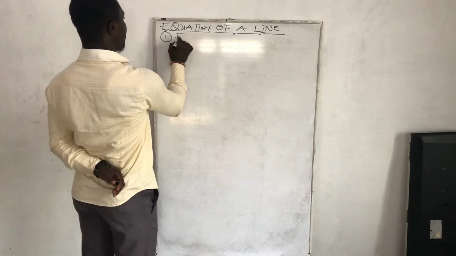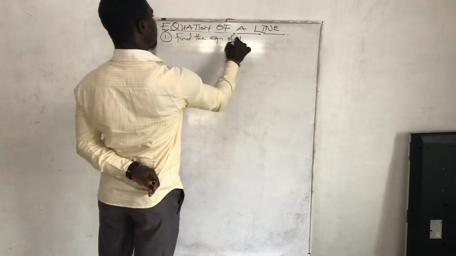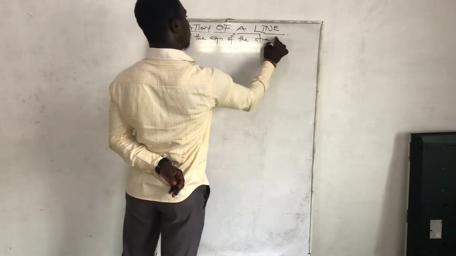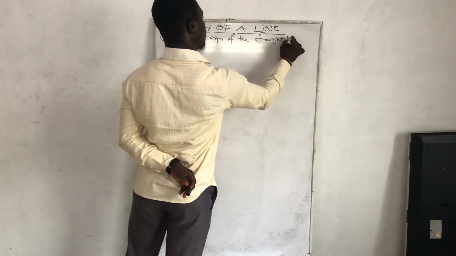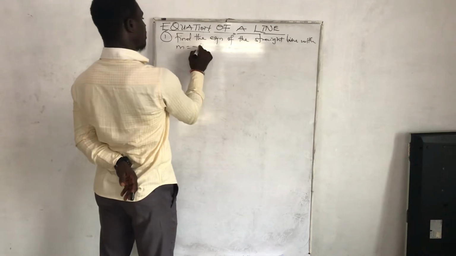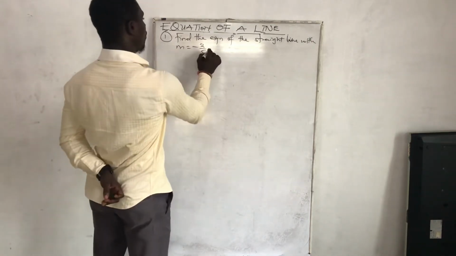It says we should find the equation of the straight line with gradient. So they've given us m, which is -2 on 5, which passes through the point.